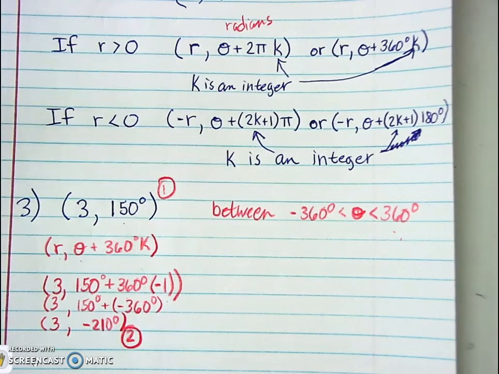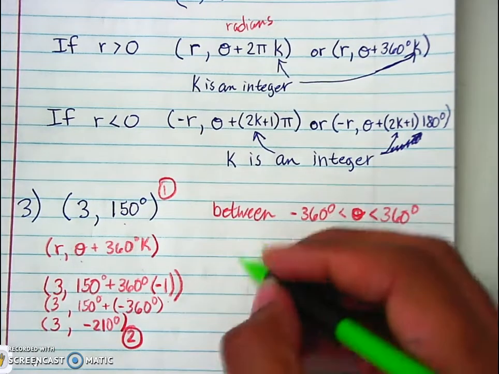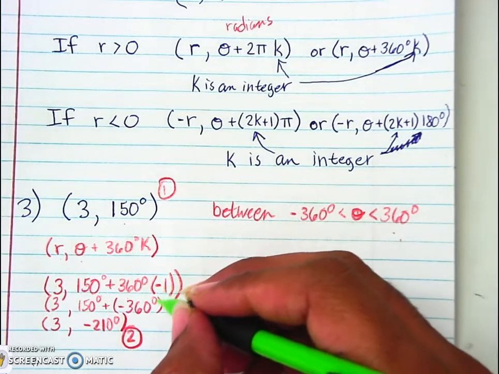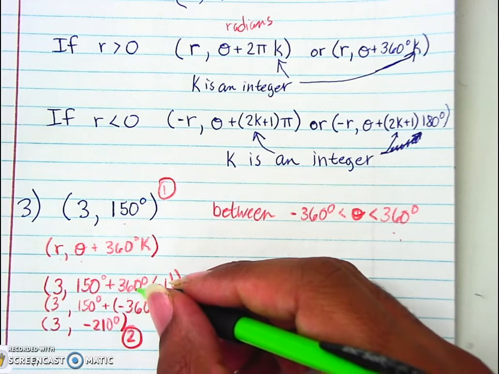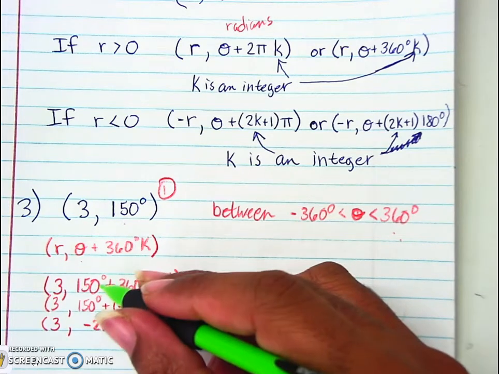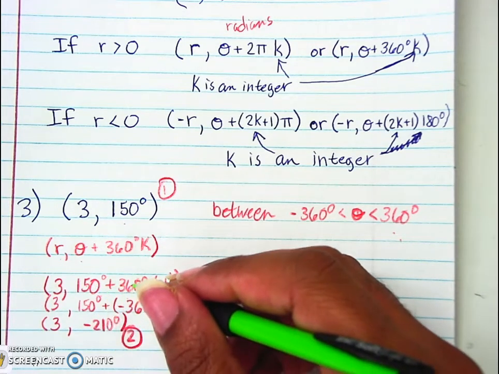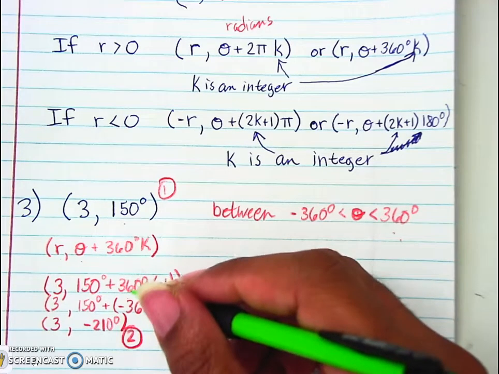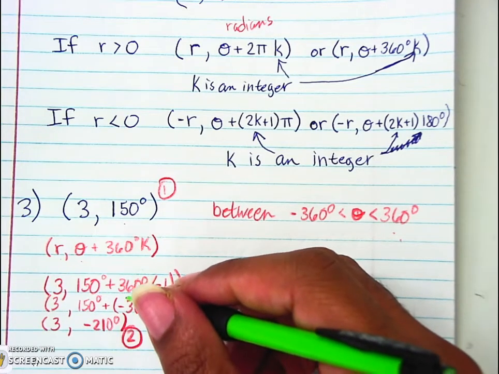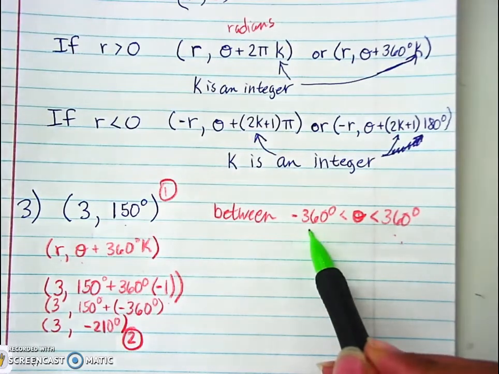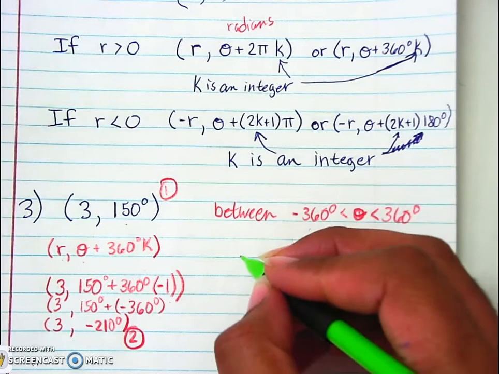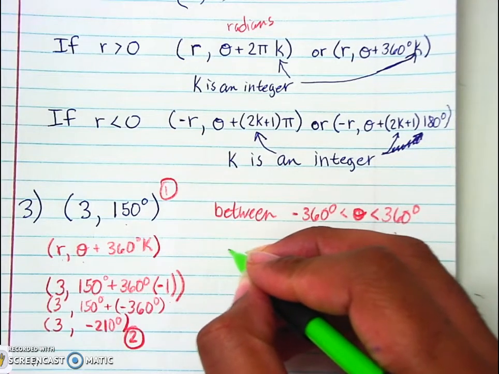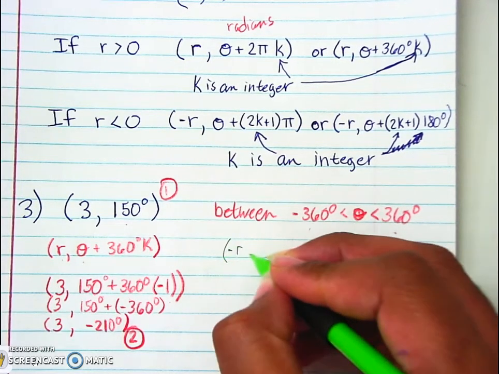Then let's jump to the negative r's, because we can't do anything else. If we were to do a negative 2 here, that would make this well over 360, and if we do 150 minus something well over 360, it wouldn't stay within our range of negative 360 and positive 360. So that means we need to go to the other side, which is the negative r portion.